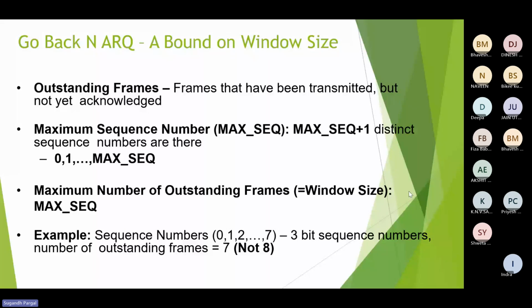As I mentioned, because it starts from 0, it leads to 2 to the power n minus 1. So the total number of sequence numbers is the maximum sequence number plus 1. The maximum number of outstanding frames is equivalent to the window size. So if the window size is 3, there will always be 3 outstanding frames. If the window size is 4, then the outstanding frames will be 4.